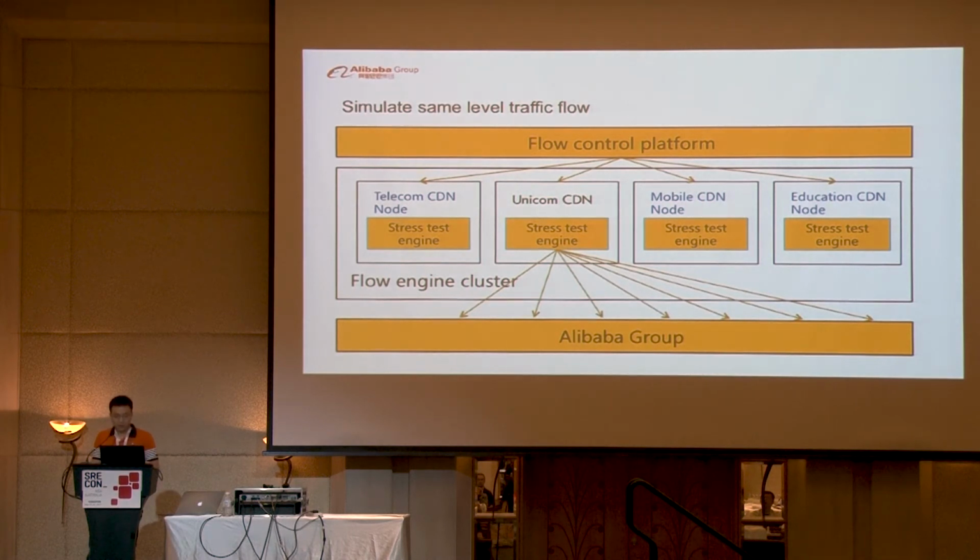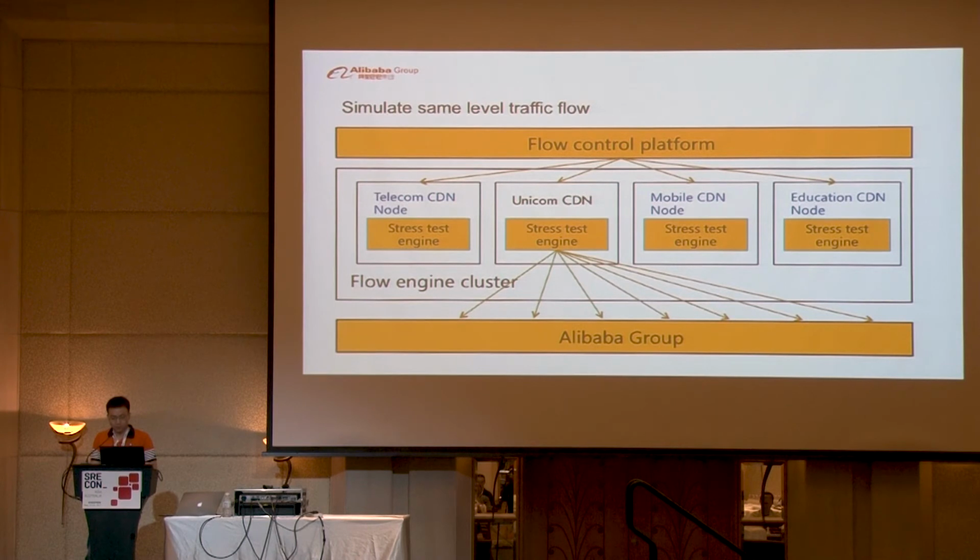How to create more than 10 million requests per second? We create a new flow control platform, which is composed of a control node and thousands of work nodes. On each work node, we deploy the stress test engine we developed. The stress test engine needs to have very good performance, otherwise we will need too many work nodes.